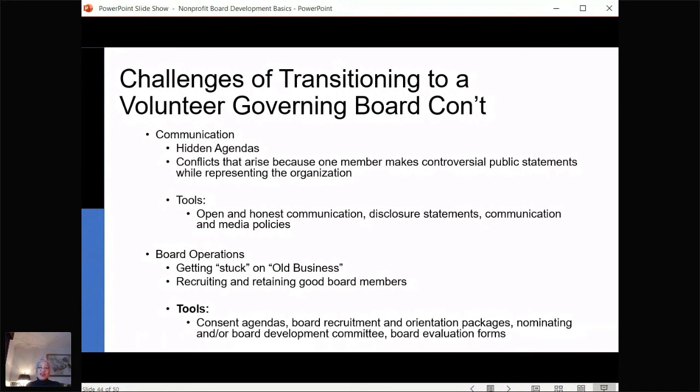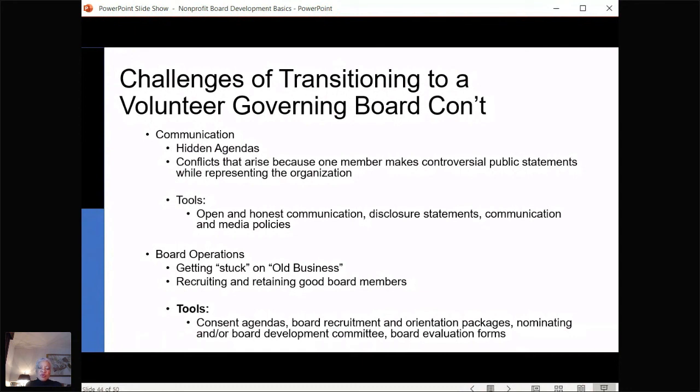How are you going to communicate to the media? How are you going to communicate with the public? And then another problem is board operations, getting stuck on old business. You might find an agenda item that just stays and stays and stays and never moves off the agenda. And then recruiting and retaining good board members.